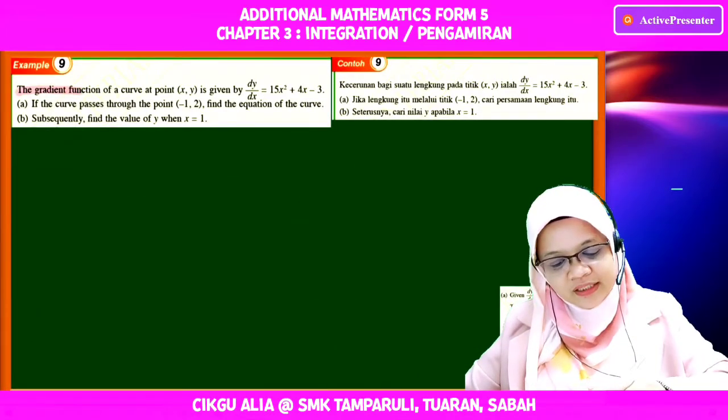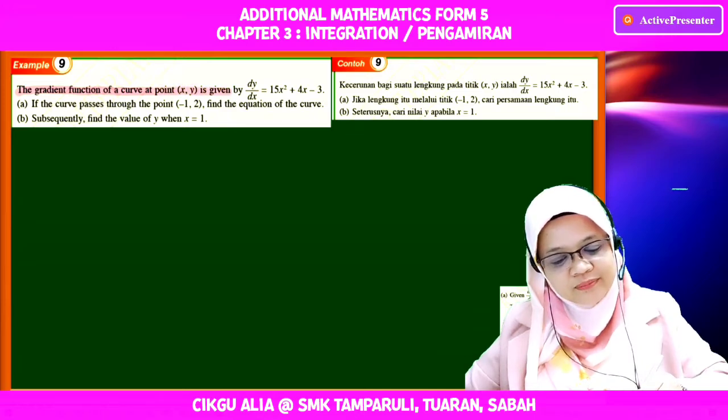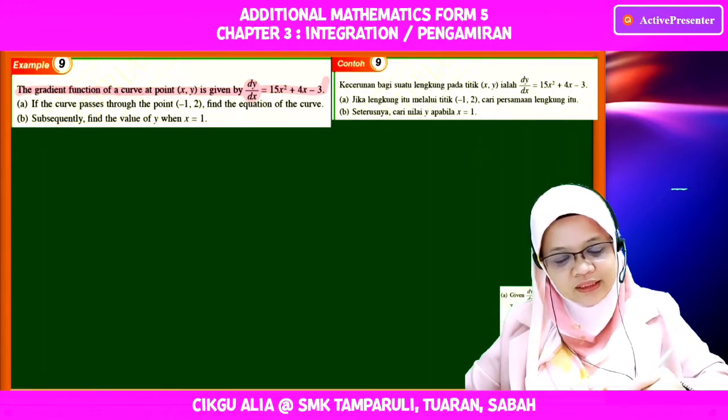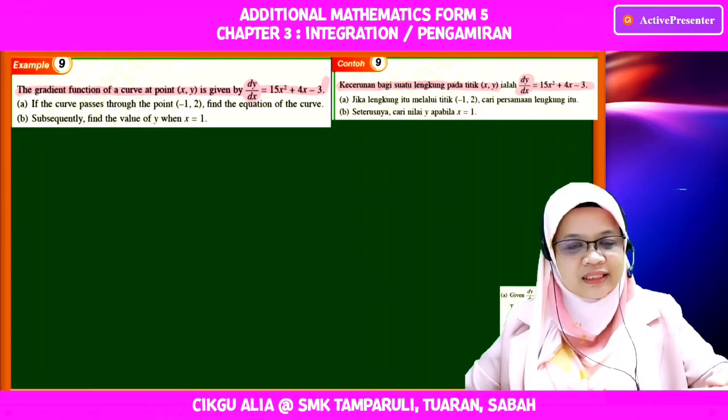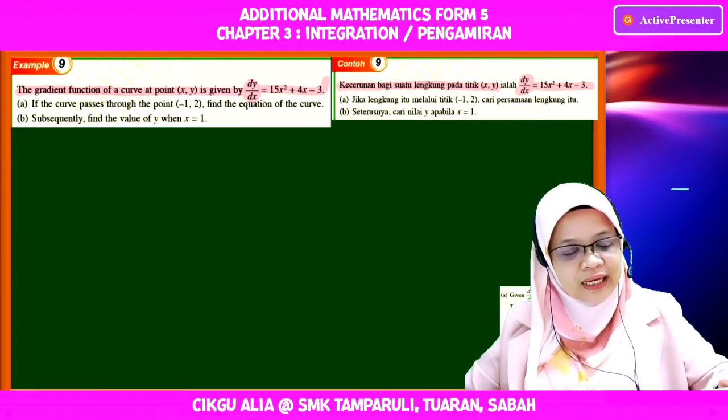The gradient function of a curve at point xy is given by dy dx equals to 15x square plus 4x minus 3. Okay, kecerunan bagi suatu lengkung pada titik xy ialah, okay, ni dy dx. So dy dx adalah fungsi kecerunannya.